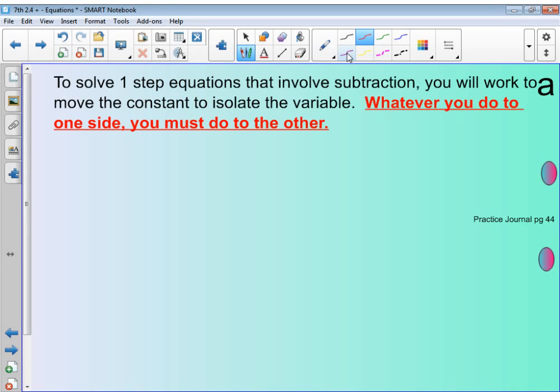So let's say I have 20 minus Z equals, let's do a negative 44 here. Okay, so if we work through the opposite, let's go ahead and isolate this. So right now I have a positive 20 on that side.